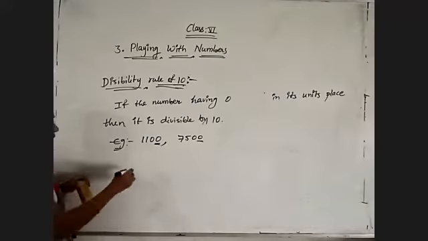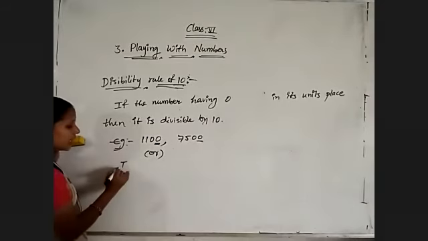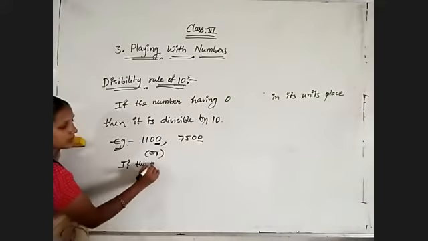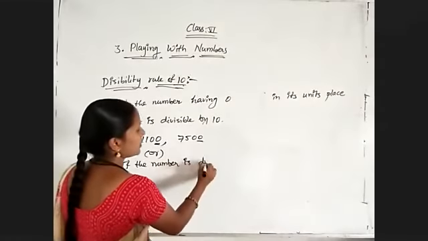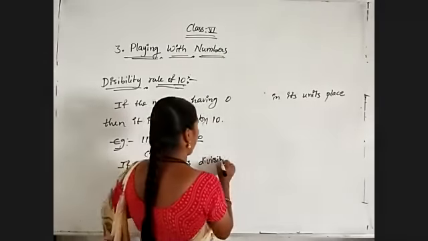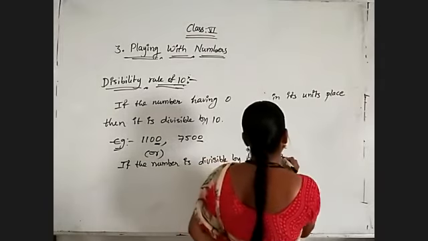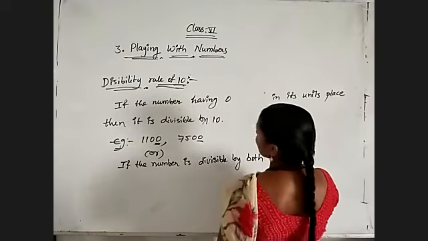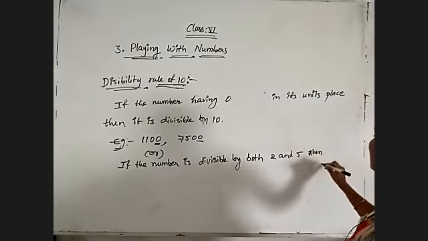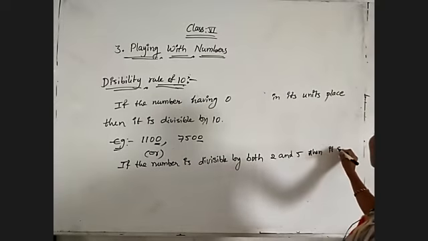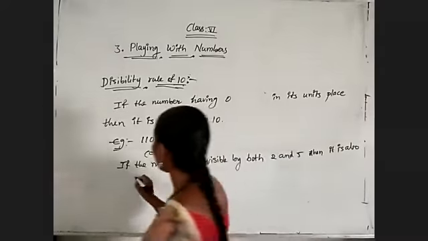And another divisibility rule also we have. If the number is divisible by both 2 and 5, 2 fives are 10, then it is also divisible by 10.